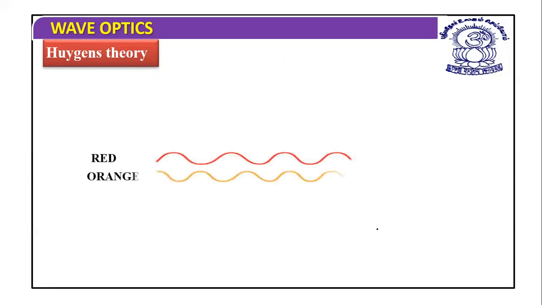According to this theory, different colors are because of different wavelengths of this light wave.